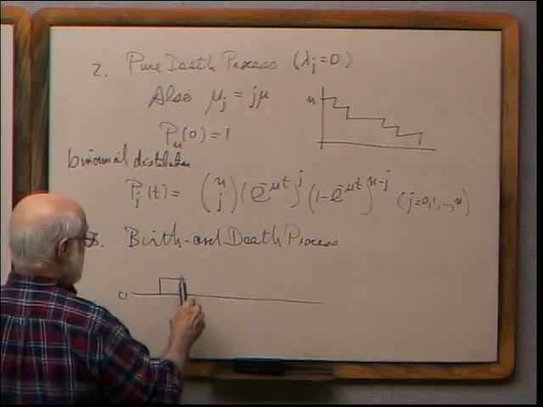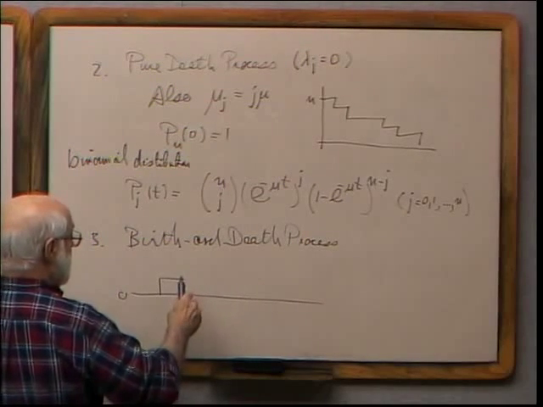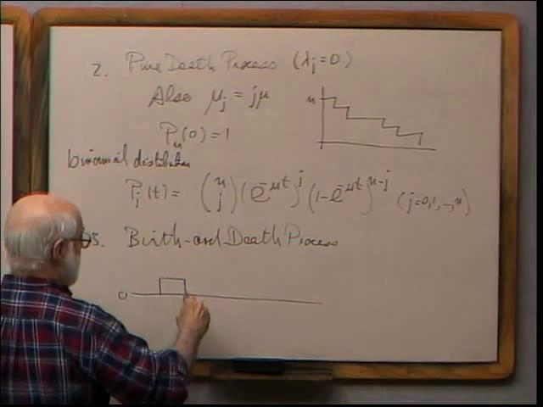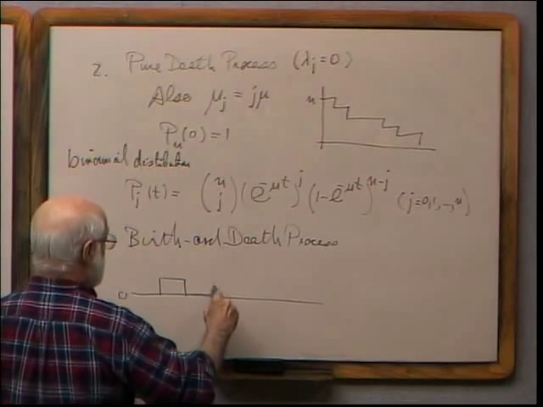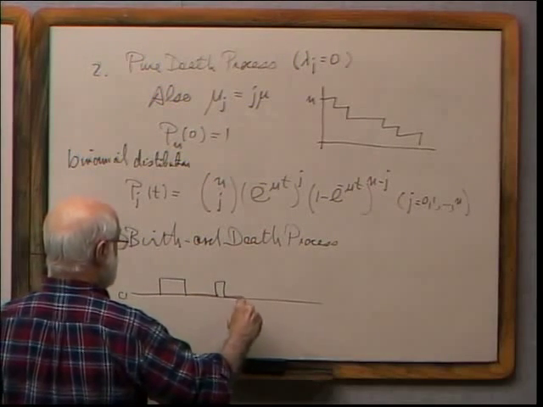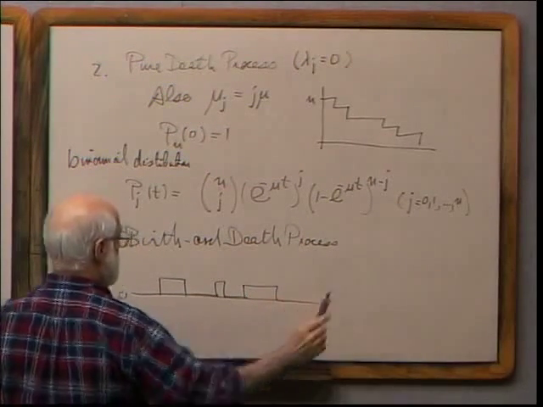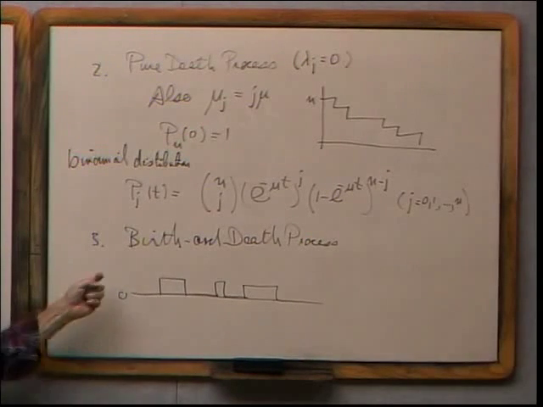When I'm in state 1, then I must go back down eventually to state 0. And when I'm in state 0, I later go up to state 1 and so forth. So this is the particular birth and death process I want to solve.